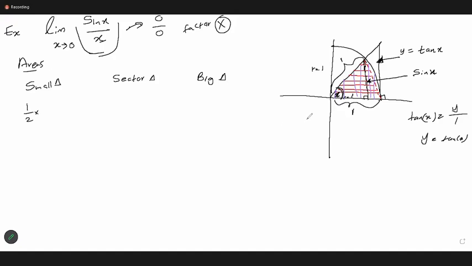Half times the length of this, that is 1, and the height, that is sin x. So this one is equal to sin x over 2. Good. Then let's write the area of the big triangle. Half times 1 times what? Tan x. So this one is tan x over 2, right? Now tell me how to find the area of this sector.